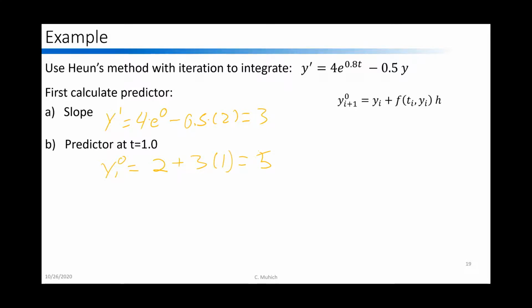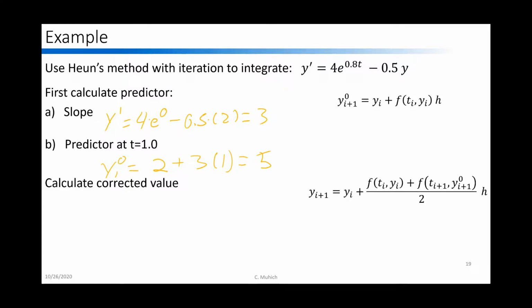Here's where Heun's method is different. Now we're going to go back and correct this value. This time we're going to use this equation where I use the function value not only for my current point, which was 0 and 2, but now I'm going to input my information into this function where my t i plus 1 was of course 1, and then we just calculated our predicted y, which was 5. So first we need to find what our slope is for our predicted value.